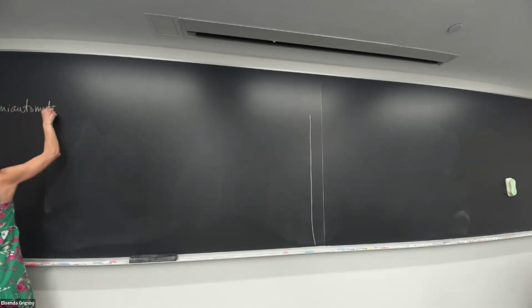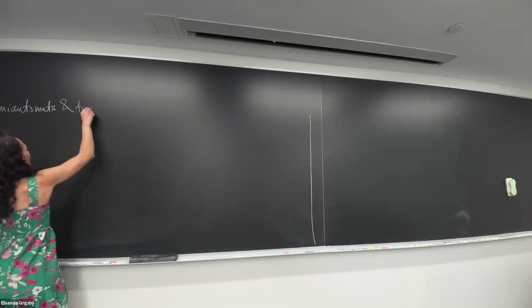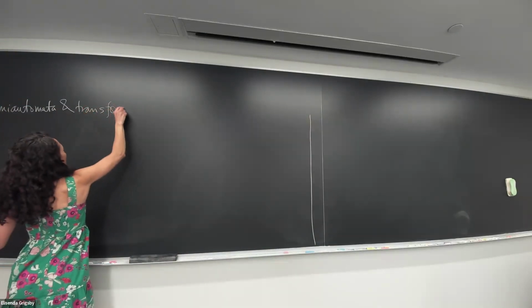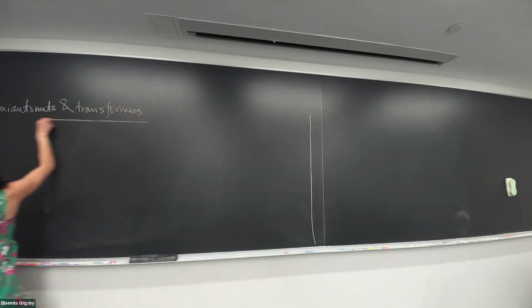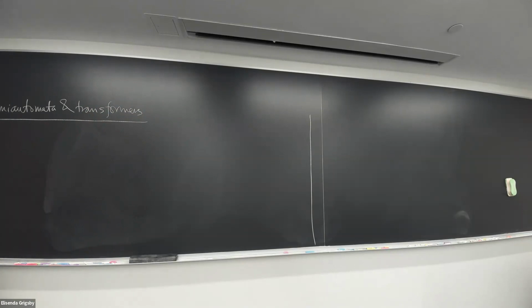So let me just remind you what a semi-automata is. Okay, so this is a deterministic model for computation. I think before I mentioned finite state automata. Those are essentially semi-automata, but without any kind of outputs from it.